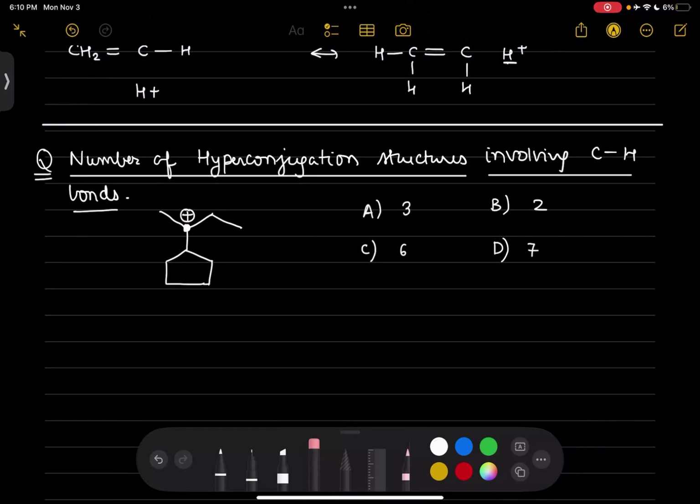Is it 7? Clear? Yes. 7, 6, 5, what is the answer? 4, 3, 2, 1. Why are you telling 7? You are very close to the actual answer. Maha, would you like to try? 6.